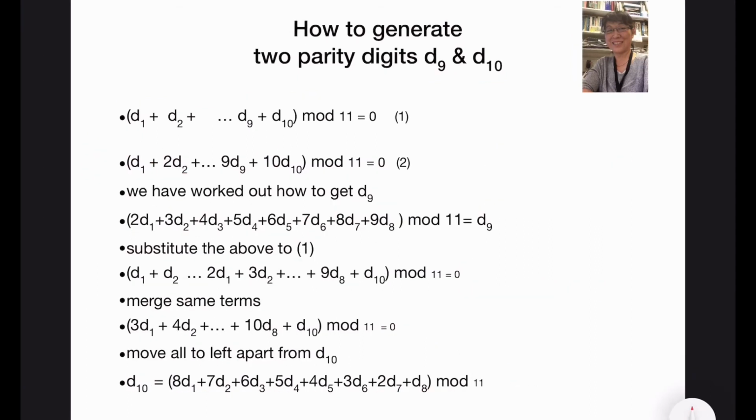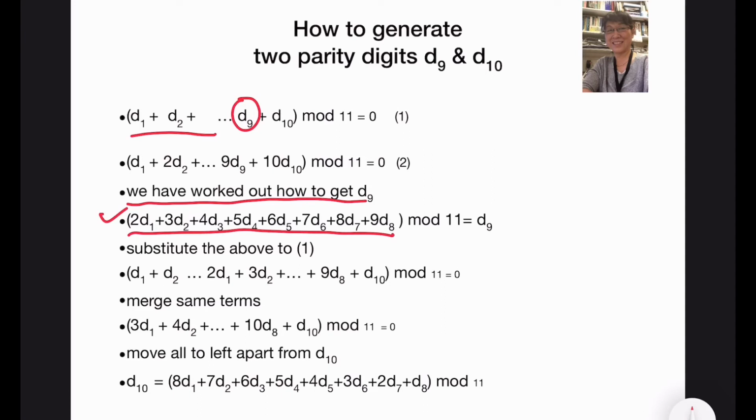Our next step is to work out D10. So we already know what D9 is. Yeah, this is D9's formula we just worked out. We can substitute D9's value into our first formula. So we copy this, and where we get D9, we substitute this whole lot's value, right?